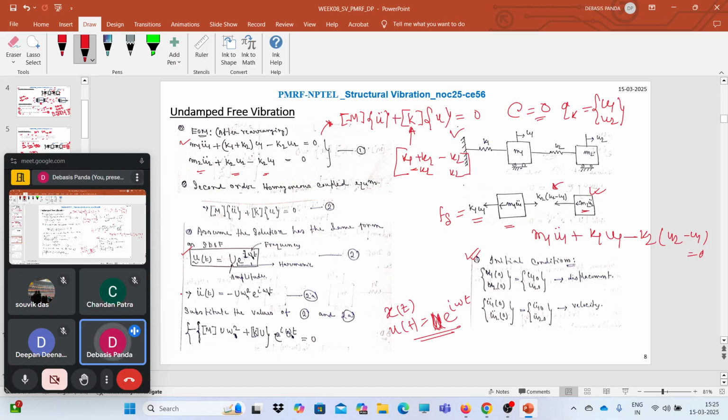Now we can easily do the first and double differentiation of u(t). So u double dot t will be nothing but minus u omega square e to the power i omega t.